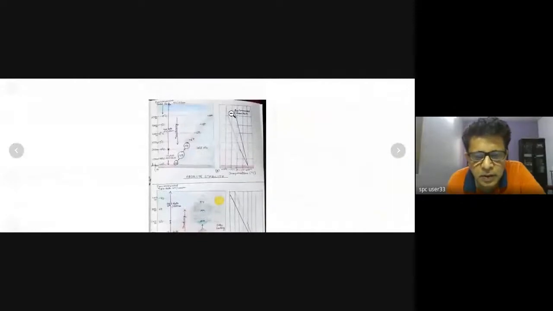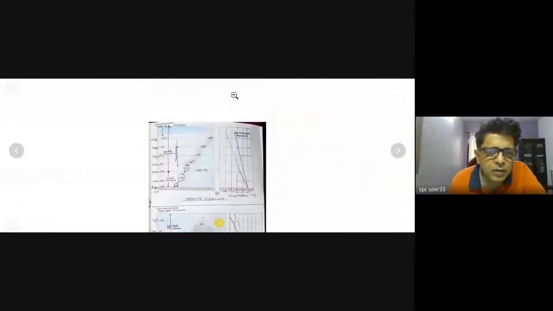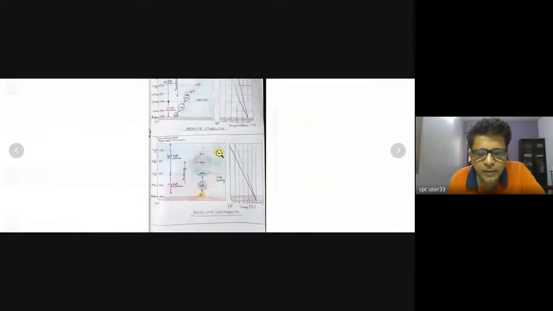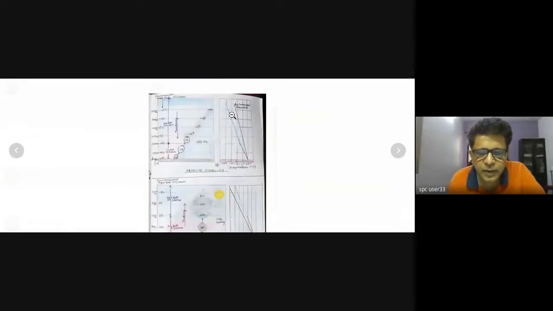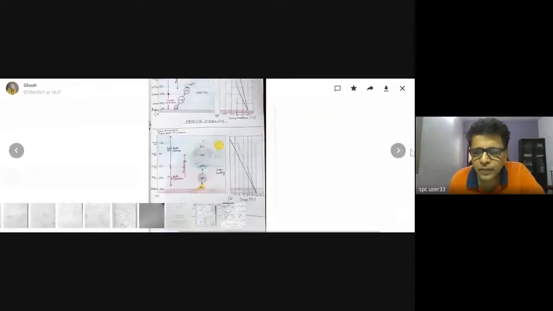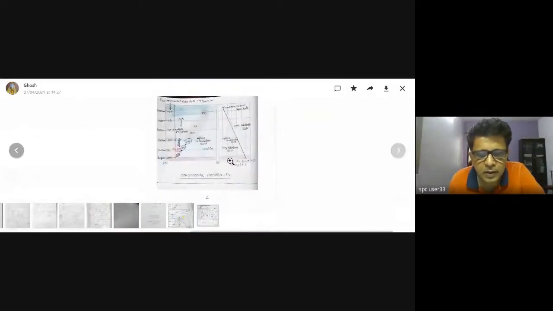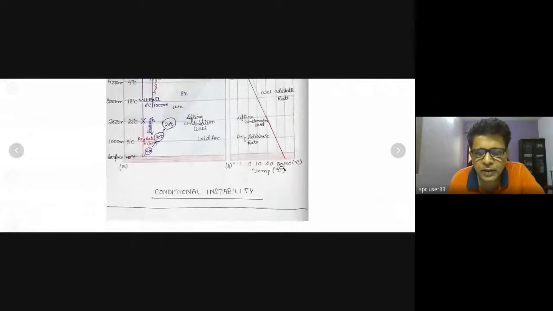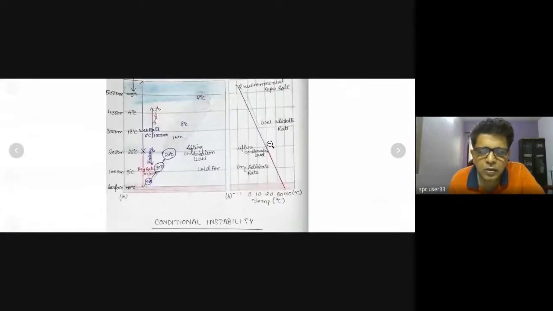He again has put up absolute stability to start with, and then you have absolute instability. He has tried to replicate the photograph that we had, and then this is conditional instability. Yeah. Okay.